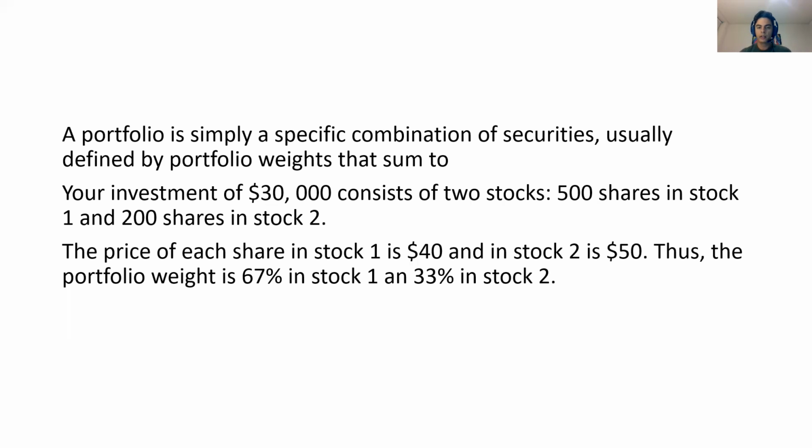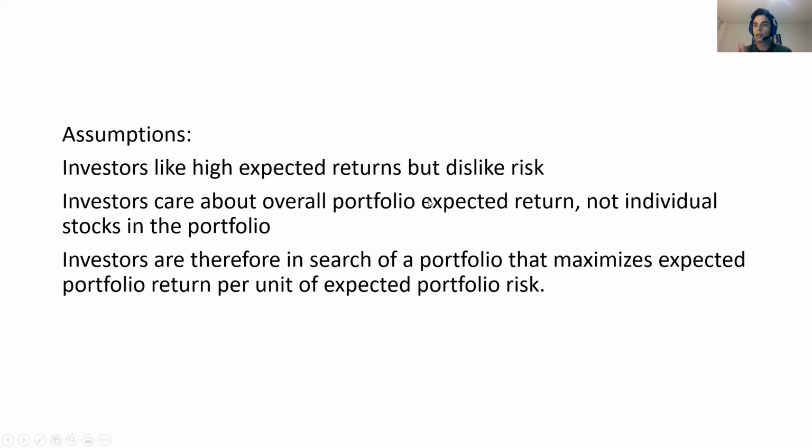So this is something very interesting about portfolio theory. The first assumption about portfolio theory is that investors care about the overall portfolio performance and not individual stocks or individual assets. So if you think about this, you are not sad because the apple lost value.